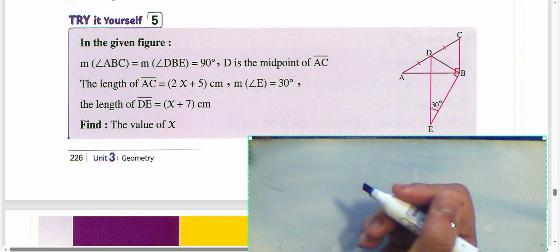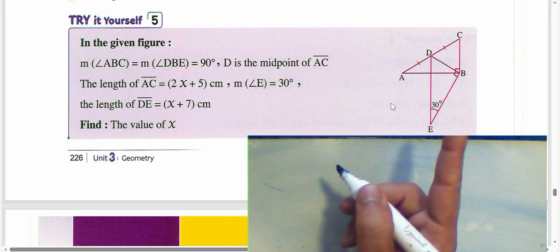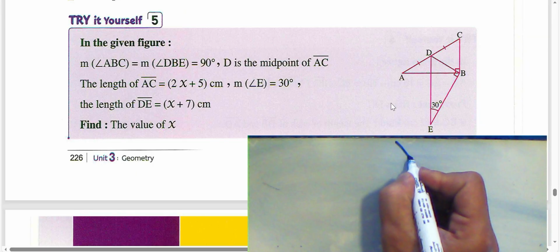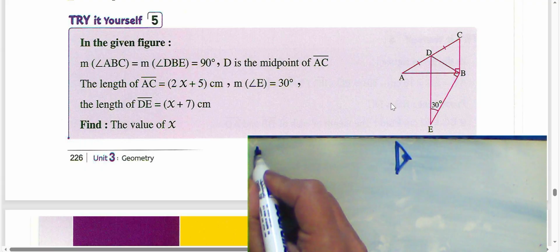First step, we can work on the first triangle, the right angle triangle down here, EBD. Look at this triangle.